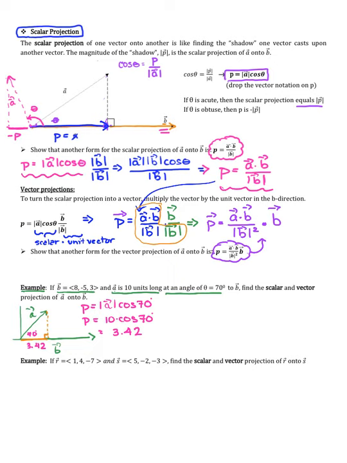Now we want to turn that into a vector that still has a magnitude of 3.42, but is going in the direction of B. In order for us to do that, we need to know the magnitude of B, because we are going to use the relationship that the vector projection is going to be the dot product, or well, in this case we can use our A cosine theta, whatever that result was.